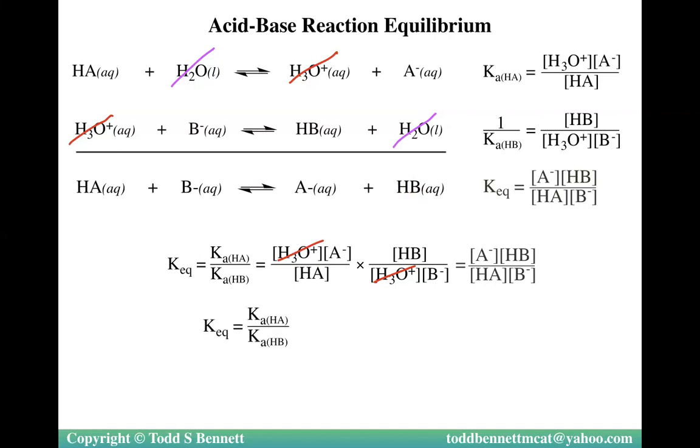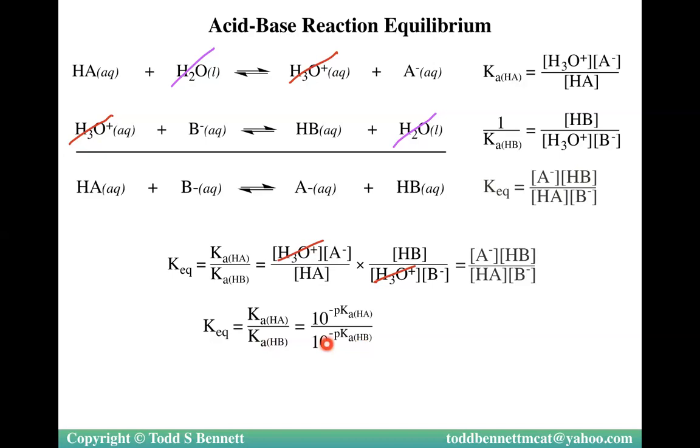Okay, so K-equilibrium then, let's go ahead and go with this. And hopefully, this substitution makes sense. When I was mentioning before that Ka is 10 to the minus pKa, Ka here is 10 to the minus pKa for HA divided by 10 to the minus pKa for HB.